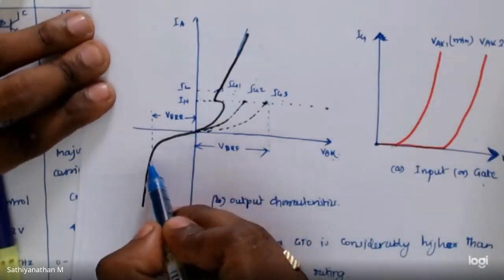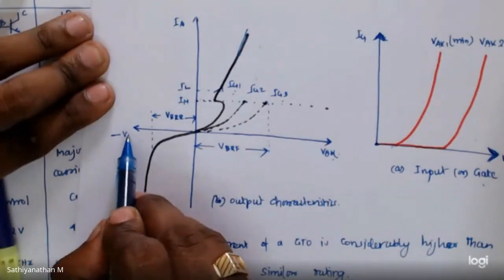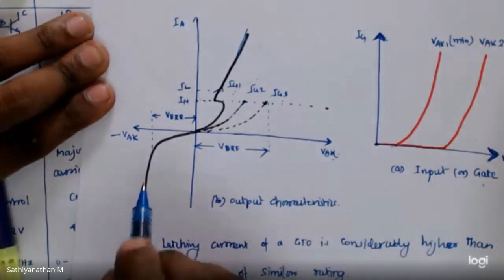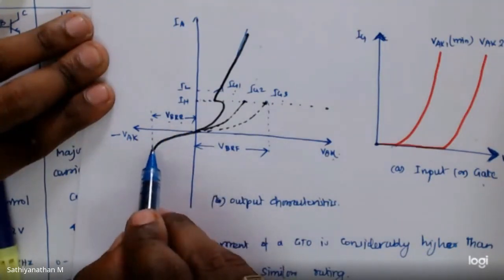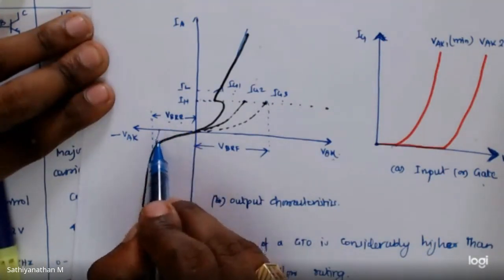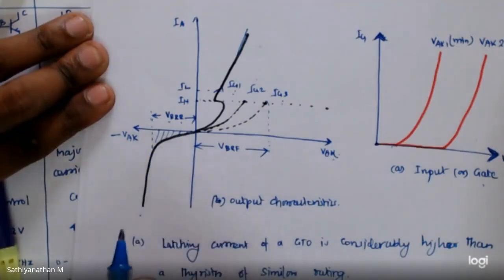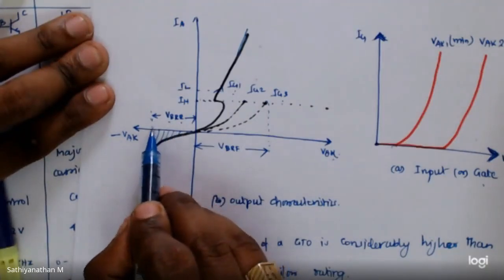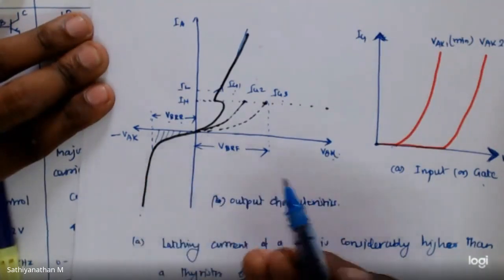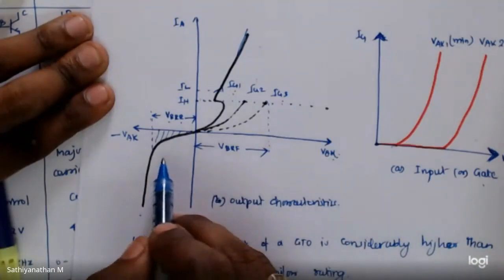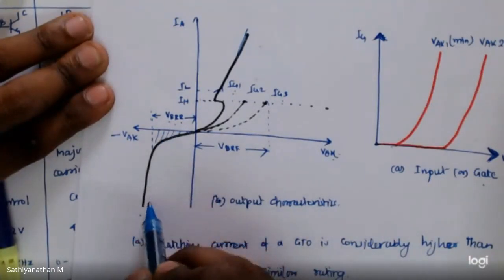Similarly, during reverse bias, when you apply a negative anode cathode voltage, till this reverse breakover voltage, the device has some leakage current, except that it won't conduct, and beyond the limit it starts to conduct. This breakdown is called avalanche breakdown. So during reverse bias condition, beyond a certain voltage limit, the device starts to conduct.